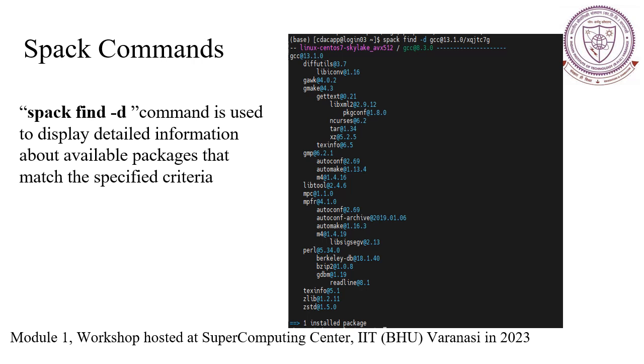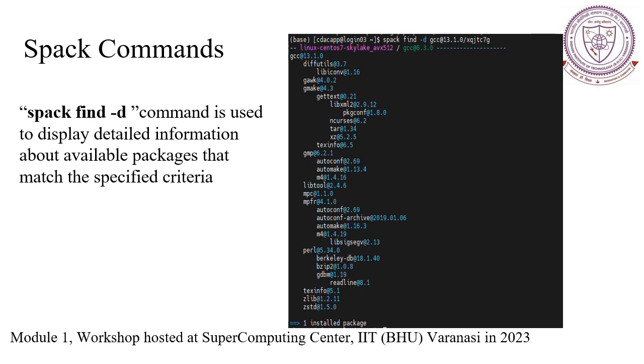Then we have one package name we have selected, that is GCC@13.1.0 slash its hash number. So here we can see that this GCC 13.1.0 is built with which dependencies and how the dependencies are attached to the particular GCC.